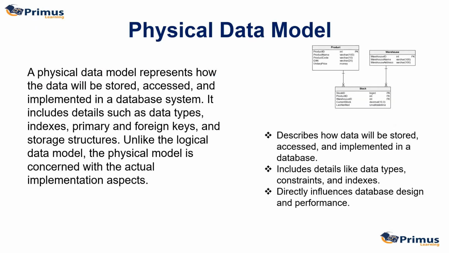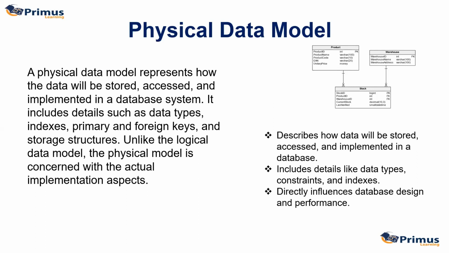Then we have the physical data model. A physical data model represents how data will be stored, accessed, and implemented in a database system. It includes details such as data types, indexes, primary and foreign keys, and storage structures. Unlike the logical data model, the physical model is concerned with actual implementation.